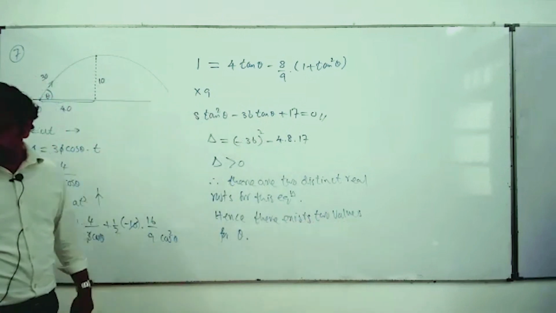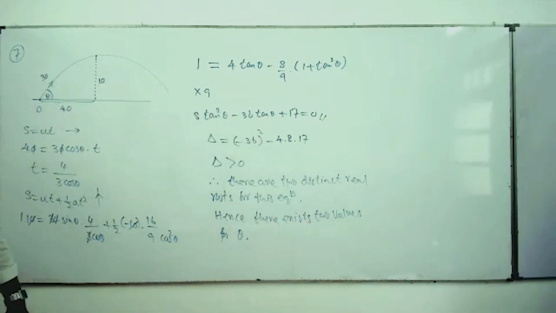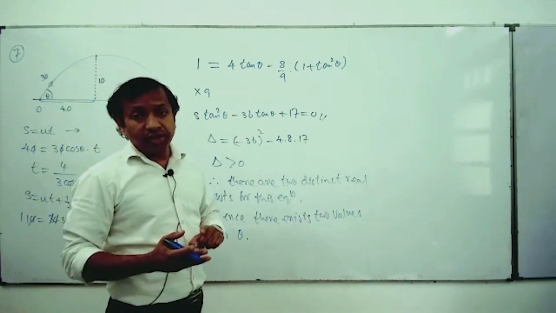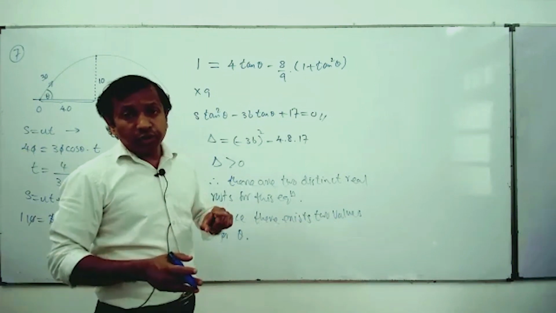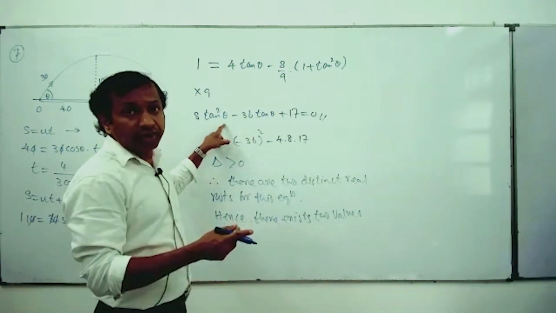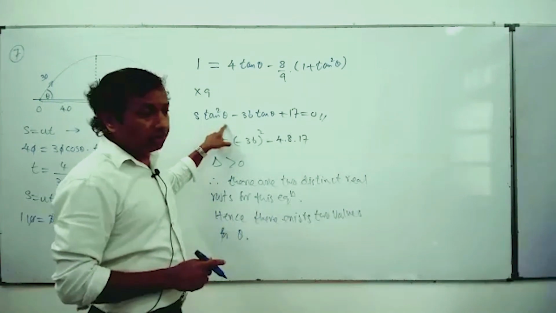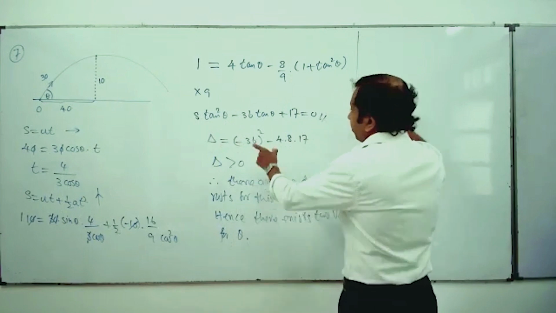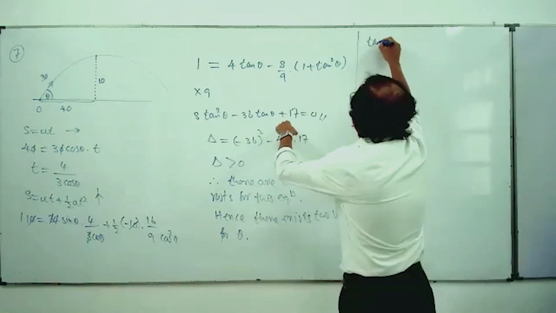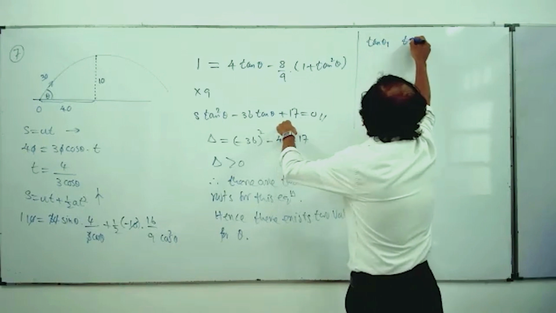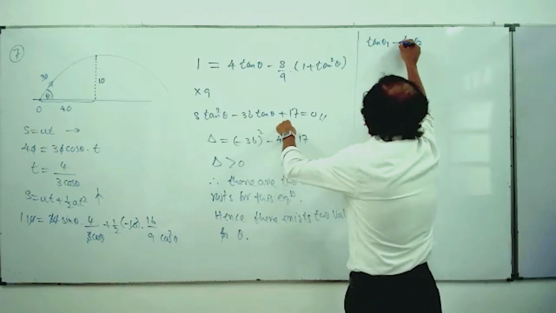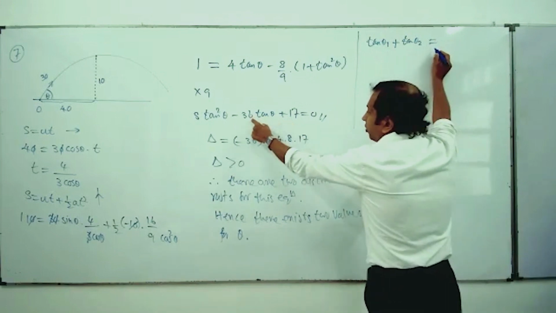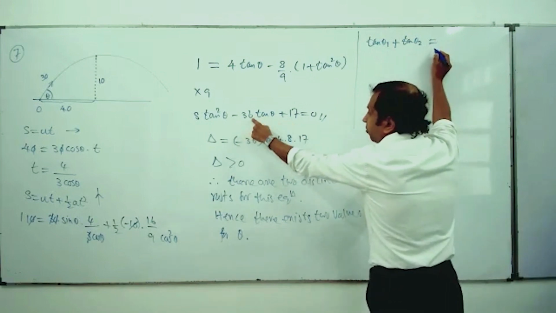But in the question we are given that those angles are theta 1 and theta 2. If those angles are theta 1 and theta 2, then what are the roots of this? Tan theta 1 and tan theta 2. Okay. Then, if the roots of this equation are tan theta 1 and tan theta 2, the sum of the roots, you know, in a quadratic equation is minus b divided by a, 36 divided by 8.